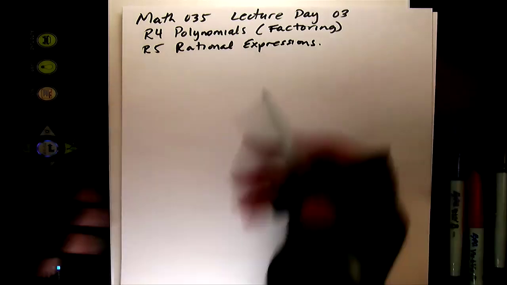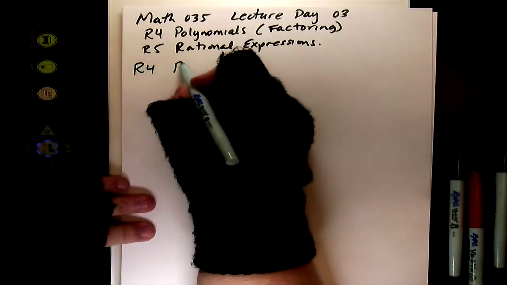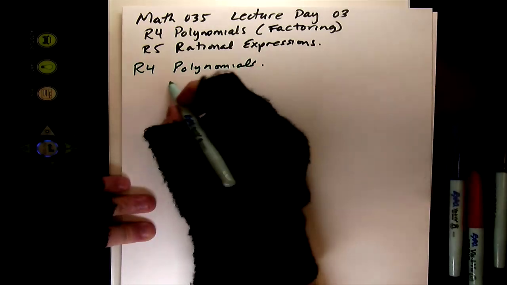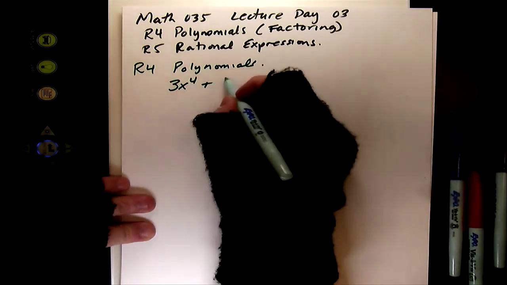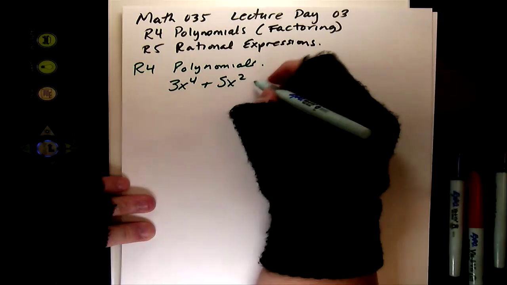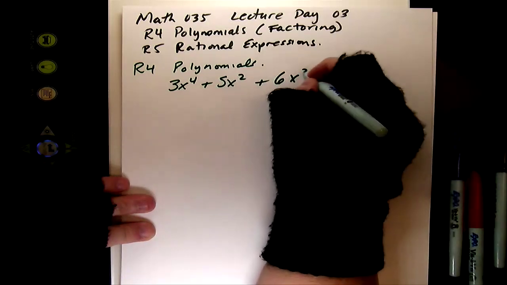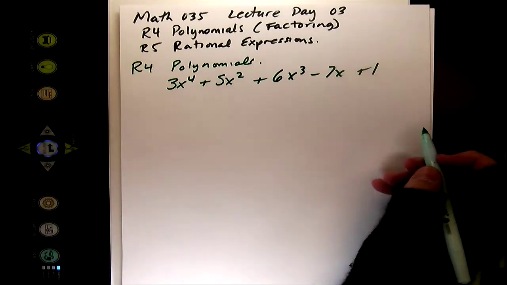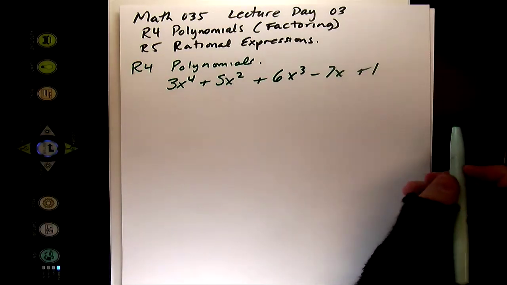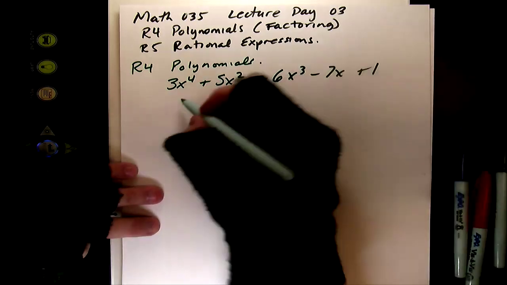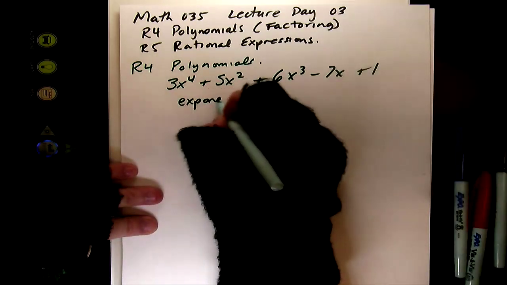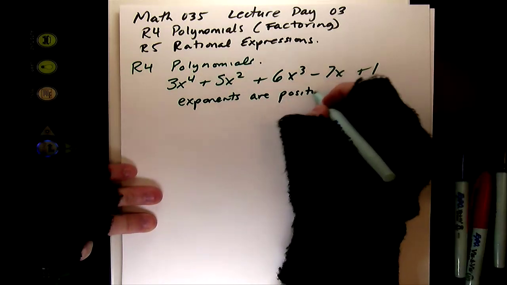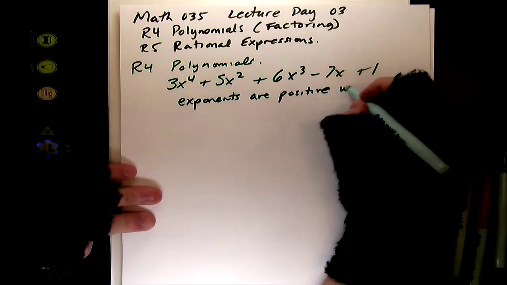So polynomials. 3x to the fourth plus 5x squared plus 6x cubed minus 7x plus 1 is a polynomial. In polynomials, exponents are positive and whole numbers.